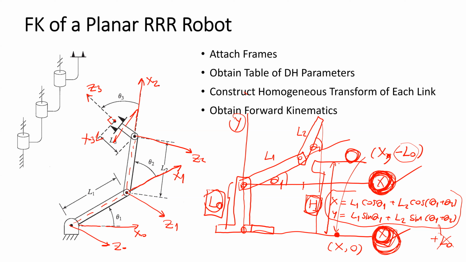Now you already set all the frames for this robot, and you will try to obtain the table of links. How many links do we have?